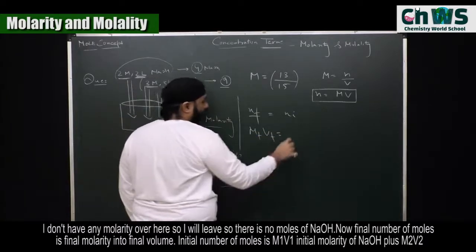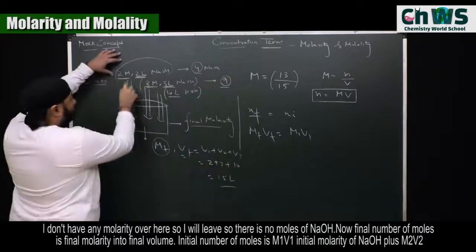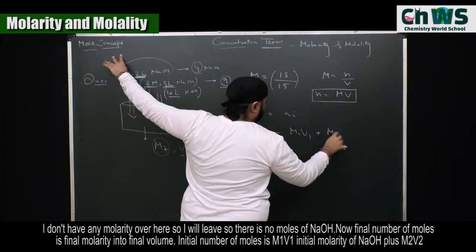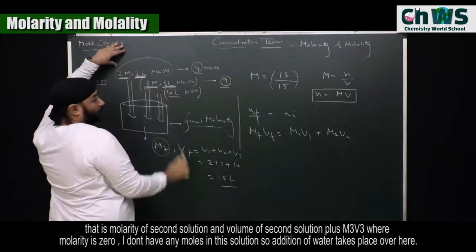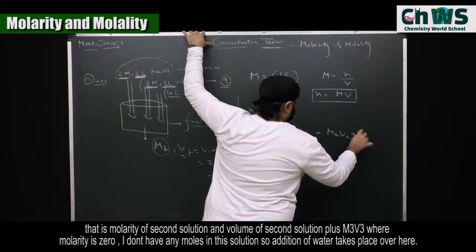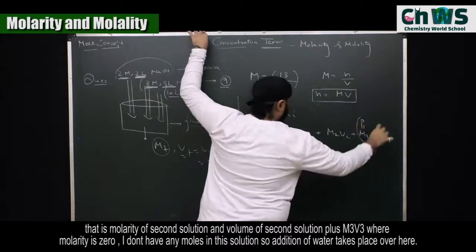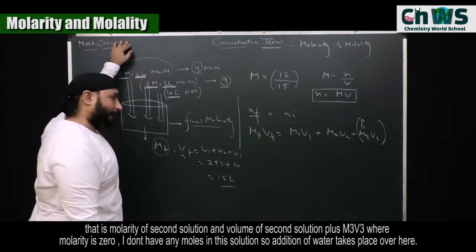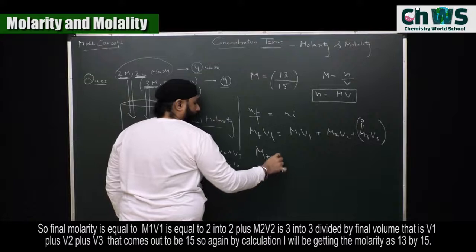Initial number of moles is M1V1, that is initial molarity of NaOH and initial volume of NaOH, plus M2V2, that is molarity of second solution and volume of second solution, plus M3V3 where molarity is 0. I don't have any moles of solute over here, so just the addition of water takes place. Take care.